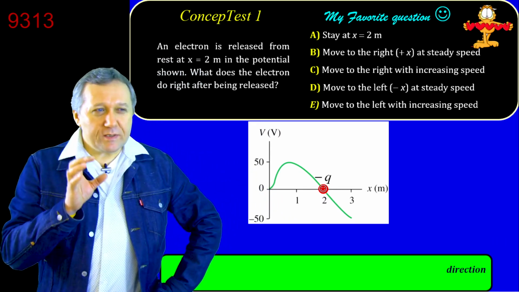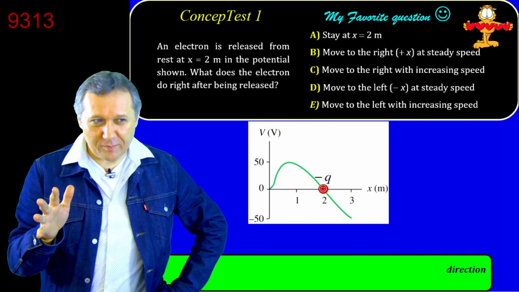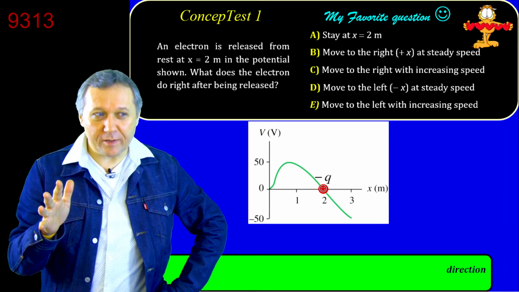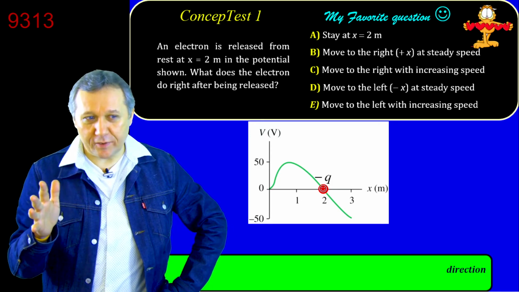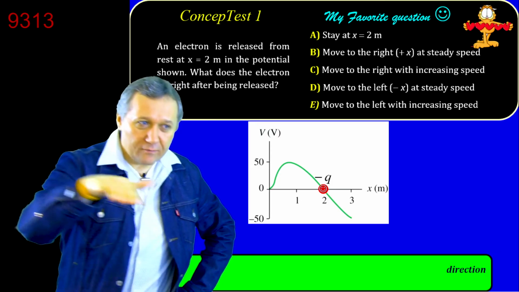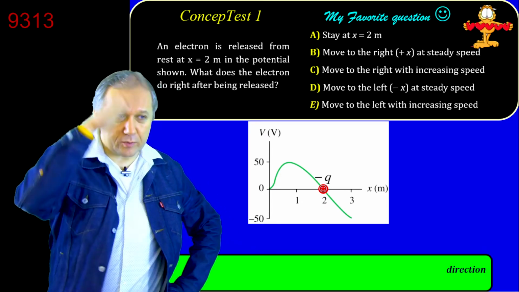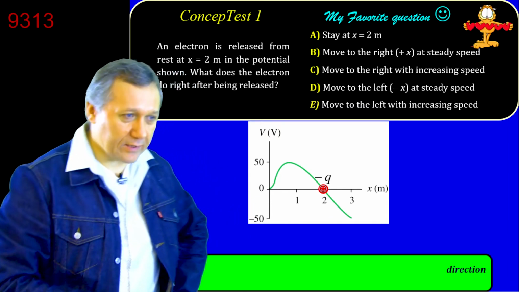Direction of motion is basically part of the world of kinematics. You remember physics 1 kinematics, right? You remember that there are 3 levels in the world of kinematics. First level is position, second velocity, and then acceleration. So there are 3 levels, and of course you can move up and down between these 3 levels.